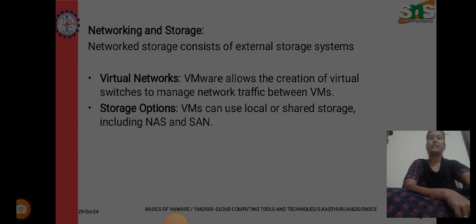Next one is vSAN, virtual SAN. SAN means storage area network. It is a software-defined storage solution that aggregates local storage from ESXi hosts into a shared storage pool. NSX is VMware's network virtualization platform, which abstracts networking hardware and allows for easier management and automation of network services.